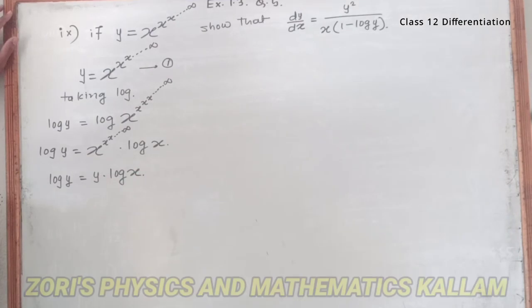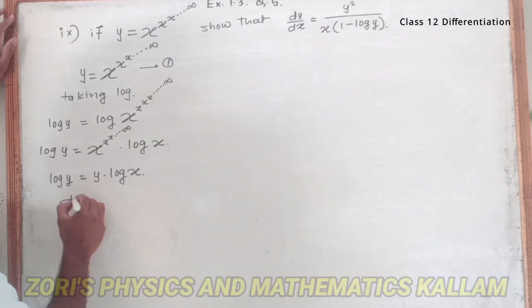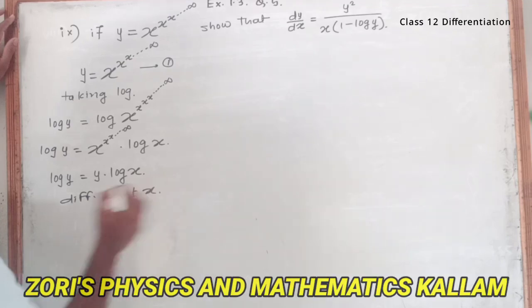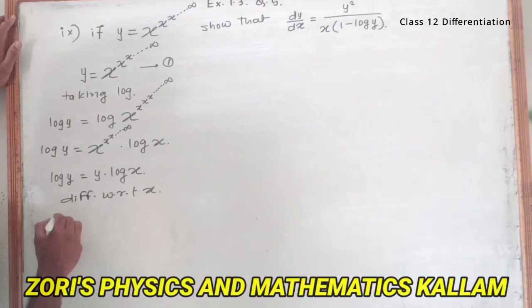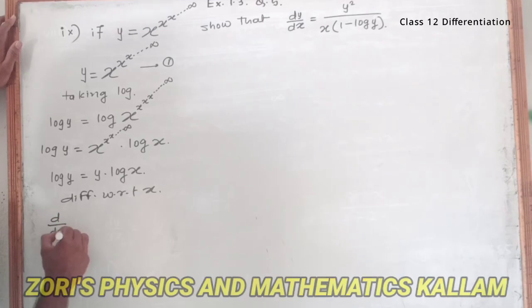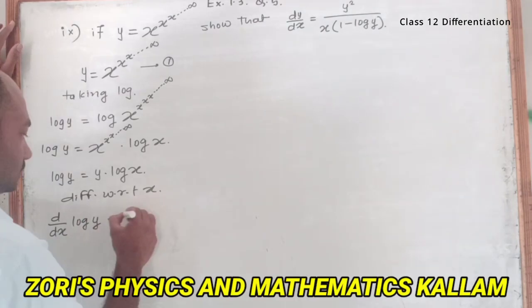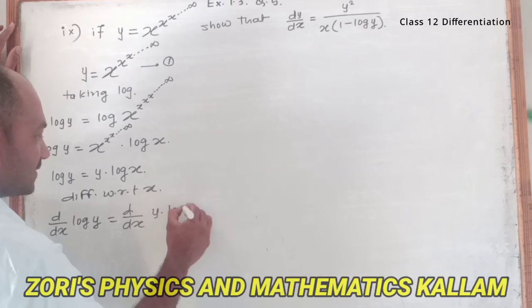Now taking derivative, differentiate with respect to x. So what we get here? d by dx of log y is equal to d by dx of y into log x.